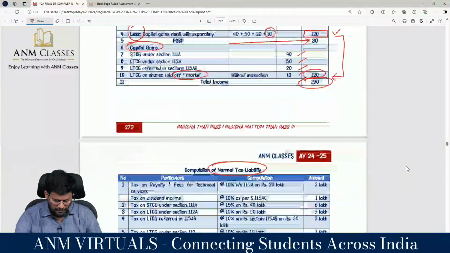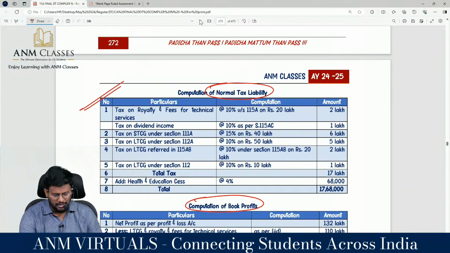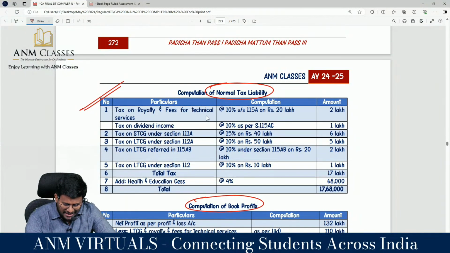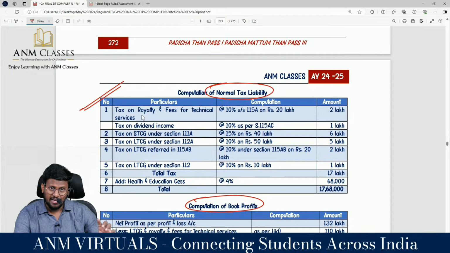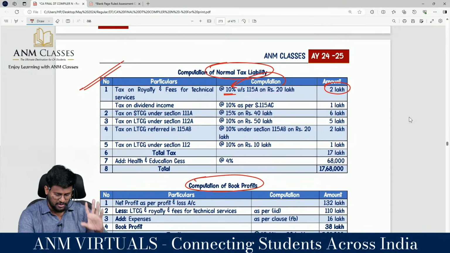Come on, my dear lovable students, I am going to calculate the normal tax liability. Tell me, sir, tax on royalty and fees for technical services under the normal route is now 20%, but we have calculated 10%. For understanding purposes, go with the 10%. So 20 lakhs into 10%, 2 lakhs. Now this has been amended, sir, it has become 20%.